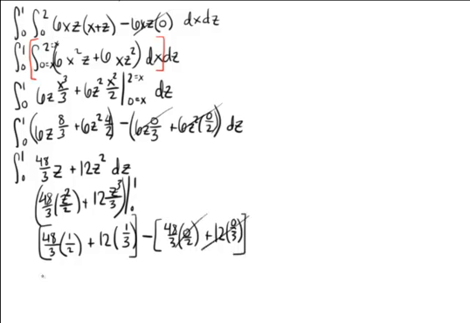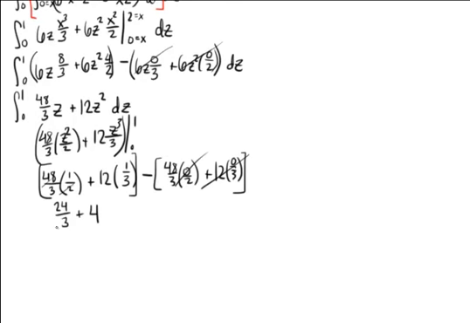So those cancel out, and we're left with 24 thirds plus 12 over 3, which is 4. And we can reduce this again, which is 8 plus 4 equals 12. Boom shakalaka.